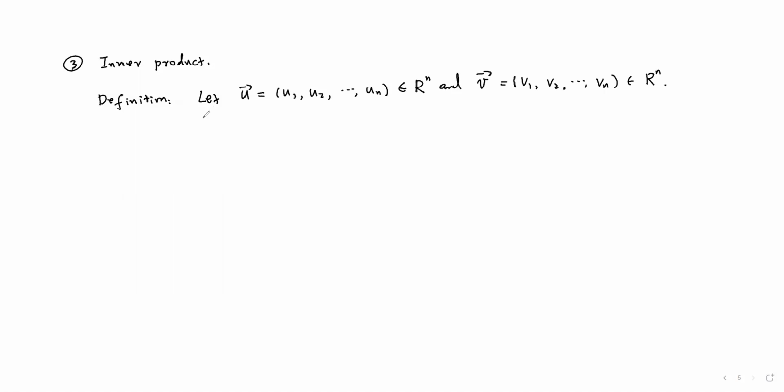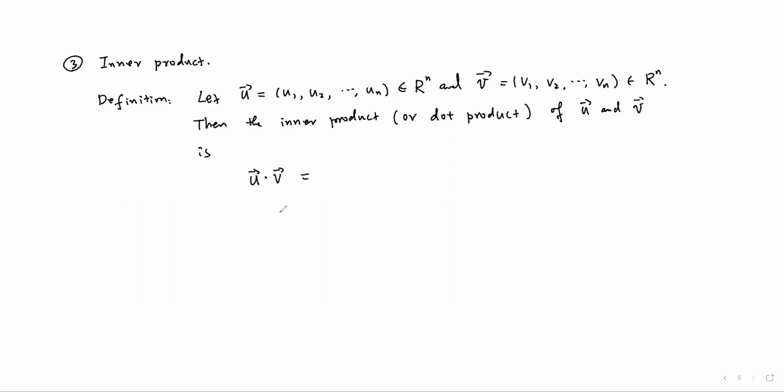Then the inner product. Some people call the inner product the dot product. Then the inner product of vector u and vector v is the following number. The notation for the inner product is u dot v.